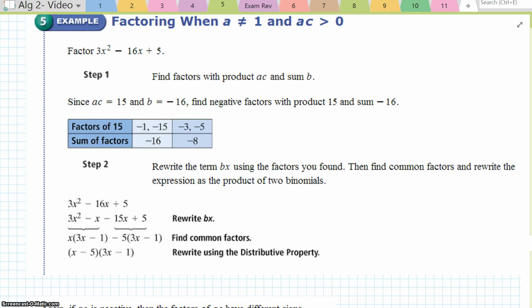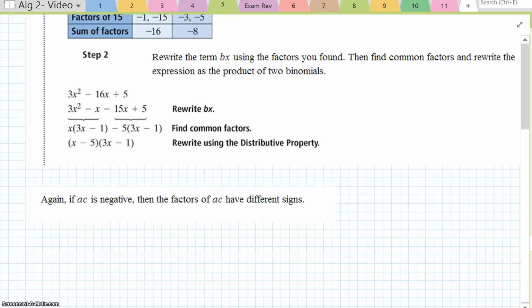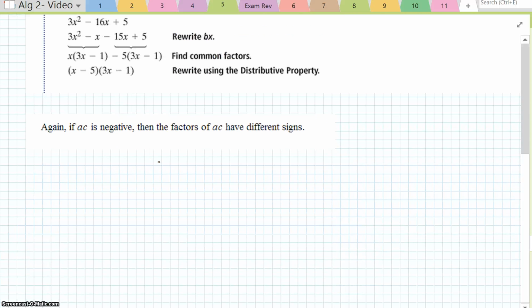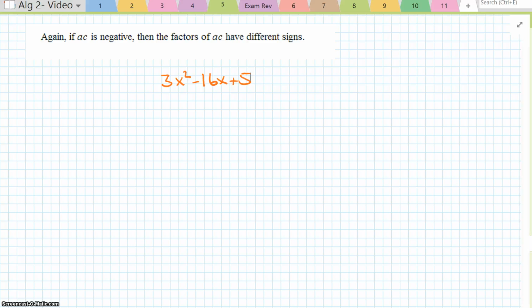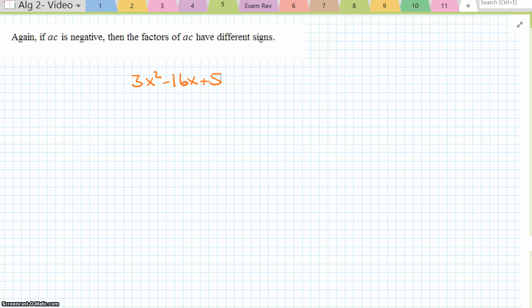Now, factoring when the A value is not 1. Okay? So let's look. So we're given 3x squared minus 16x plus 5. Again, I'm not too worried about the positive negatives because we can work that out. What's our A times C value? So first time we've had an A value, so it's 3 times 5 is 15.